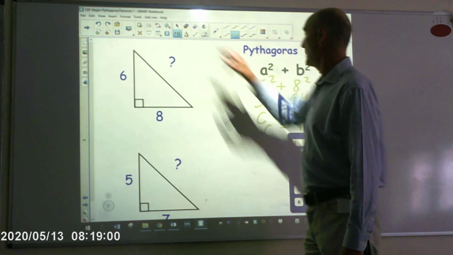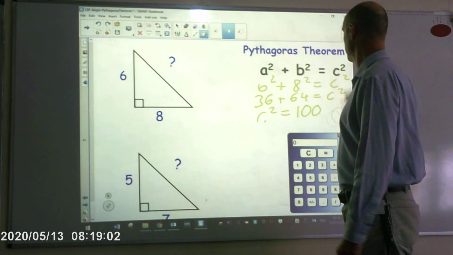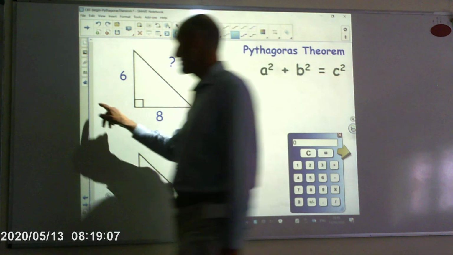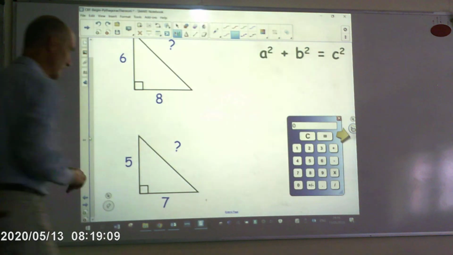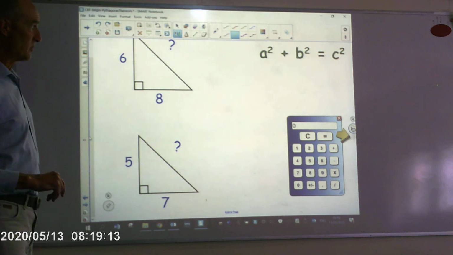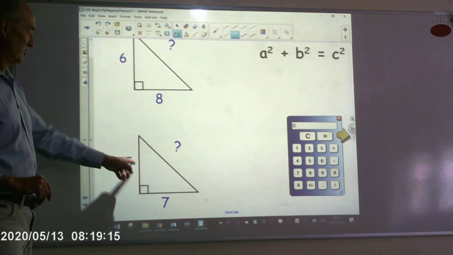Let's just get rid of that so we've got some space. And have a look at this second example here. It's slightly different to the first example. So we've got our a squared plus b squared equals c squared up there to remind us.